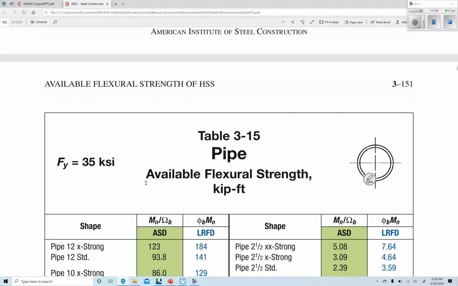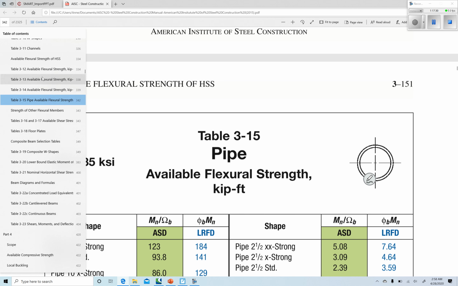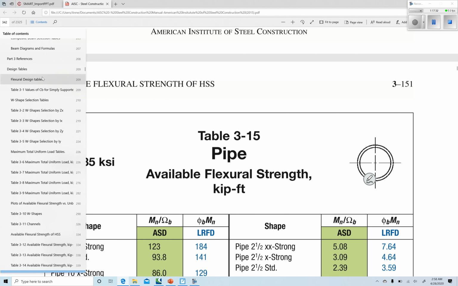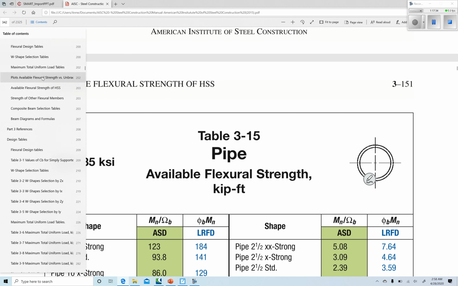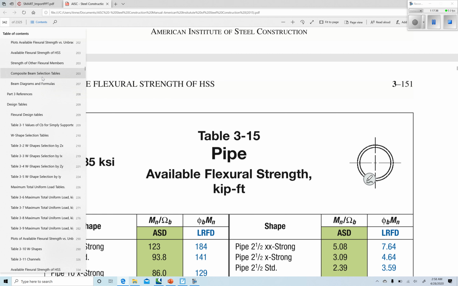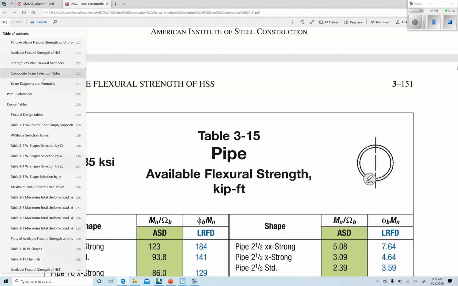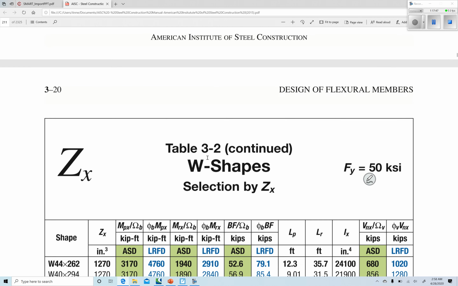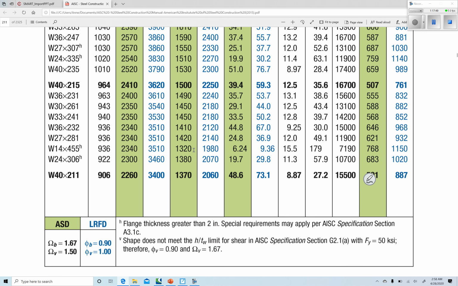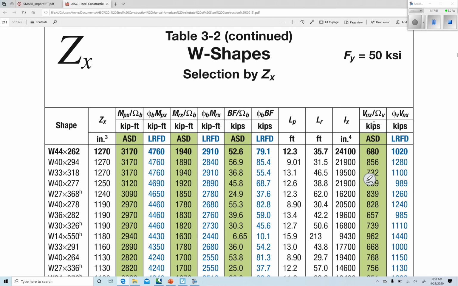We can actually look in the tables, 3-2. Table 3-2 also has a phi v in it.